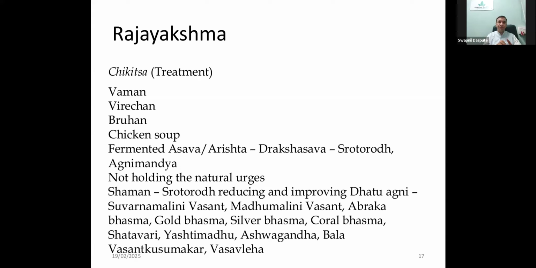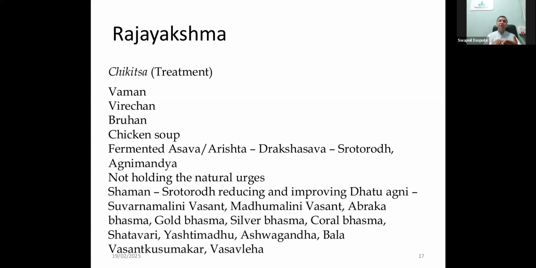So Vamana and Virechana can be given provided the strength of the patient is adequate to bear the physical strain.